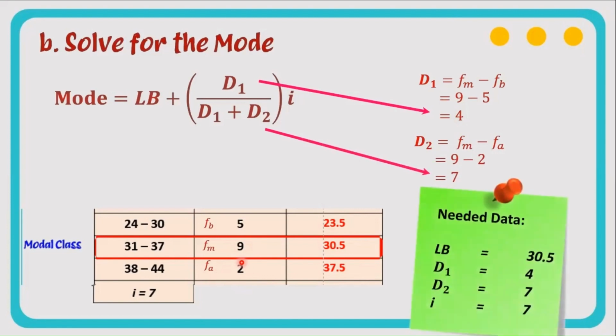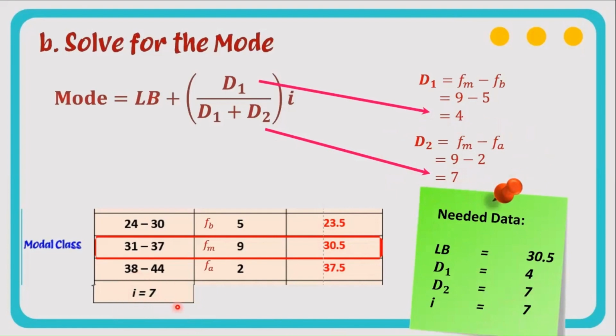So the needed data that we can substitute in the formula is the lower boundary, 30.5, the D1, which is 4, and our D2, which is 7. And the size of the class interval is 7. Do not be confused with these 7s. The 7 here is coming from our solution for D sub 2, and the 7 here is coming from our table.